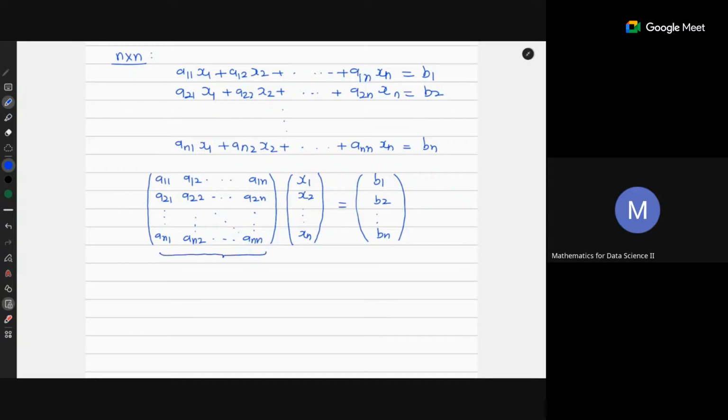So this is my A, this is the X vector, and this is the B vector.